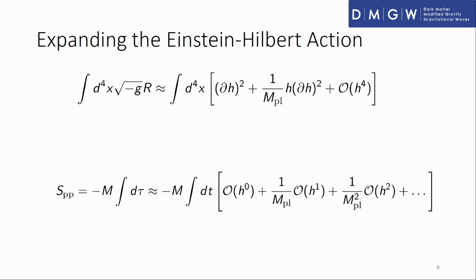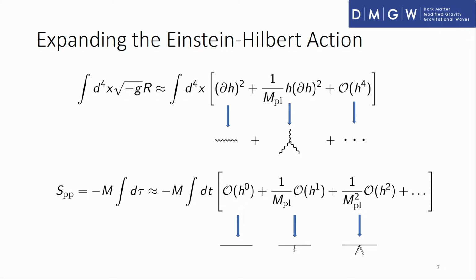Now, if you look at this, it already looks almost like a quantum field theory on a flat background, so why not also treat it as such? From this quadratic term here, we would get something like a graviton propagator. From the cubic term, we get something like this three-point interaction and so on. And likewise down here, you would get these couplings of the world-line of your particle to gravitons.